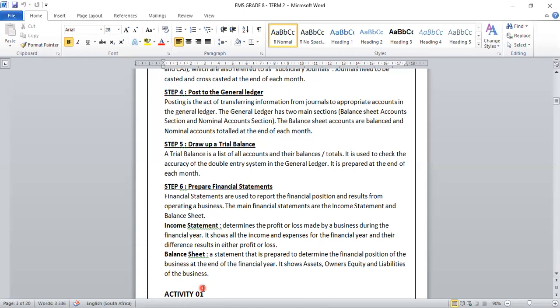For this 12-month period, the owner can judge from the financial statements and make informed decisions based on the financial position of the business. So it's very important to prepare the financial statements and ensure that decisions are based on the position of the business.